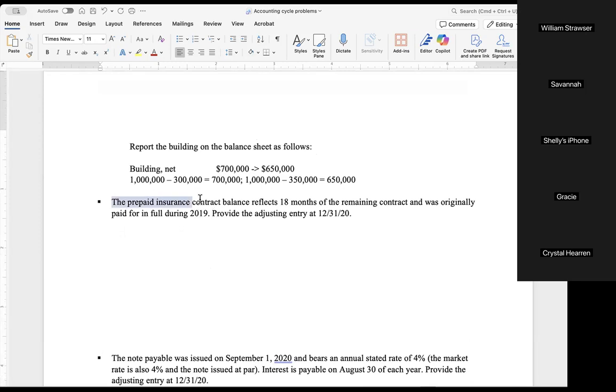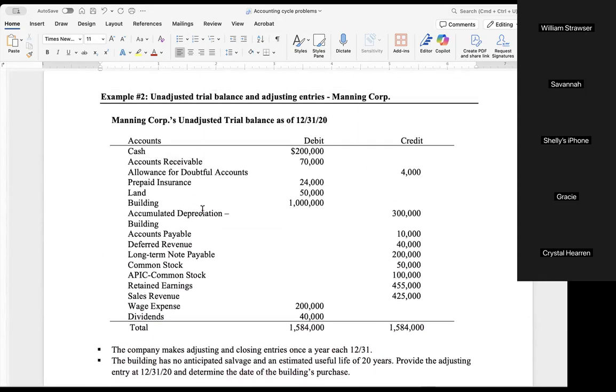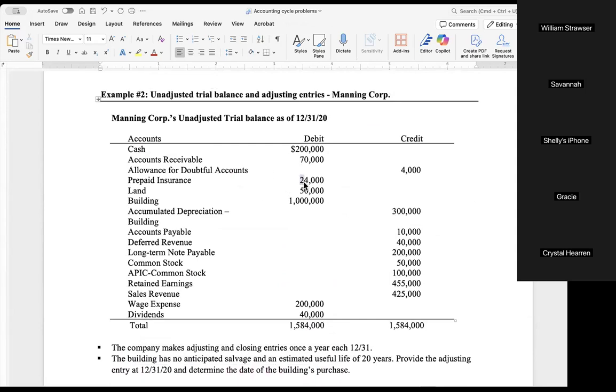It says the prepaid insurance account reflects 18 months of the remaining contract. It was originally paid for in full in 2019. Provide the adjusting entry at 12/31/20. So we took this out in 2019, but what it's telling me here is that 24,000 is for 18 months.